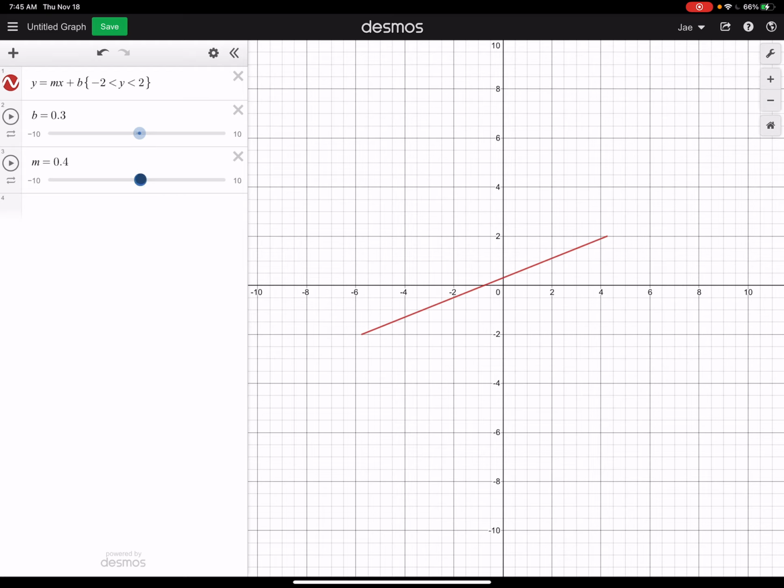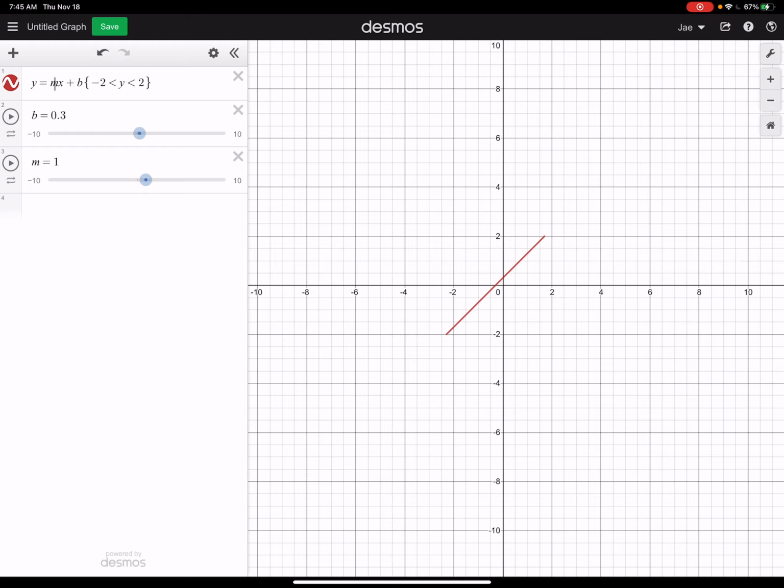And then let's try to change this here. See, the constraint will always be between -2 and 2. So -2 and 2 here, always. So that's essentially all you need to know how to draw anything.